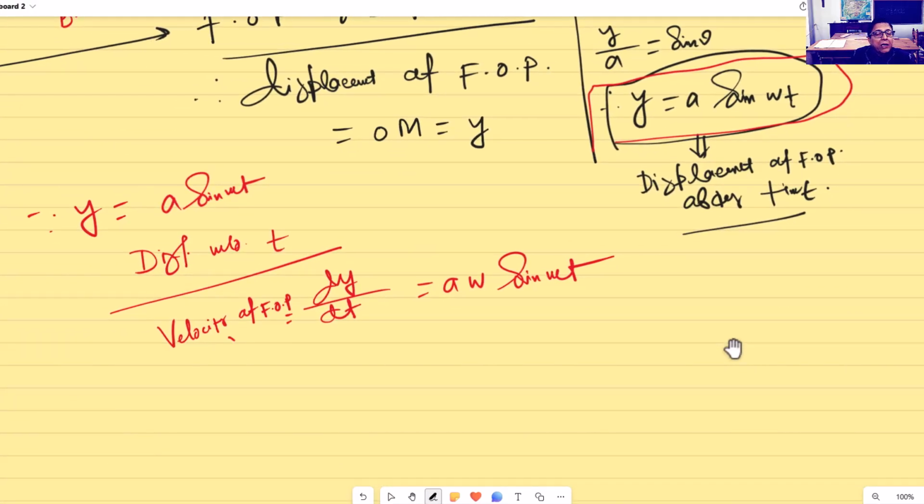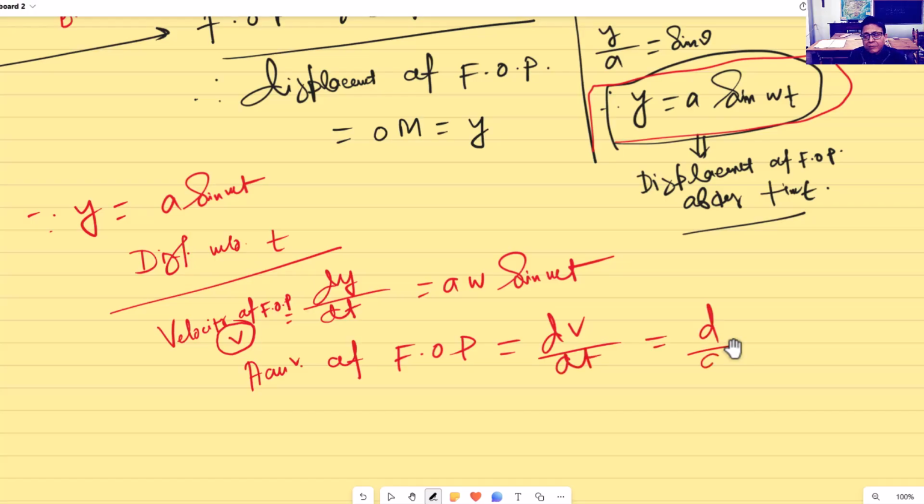Then what is the acceleration of foot of perpendicular? If we take this one as v, acceleration is going to be dv by dt. Agree or not? dv by dt is what? d by dt of A omega cos omega t. Sine omega t would be wrong because the derivative of sine is cos.